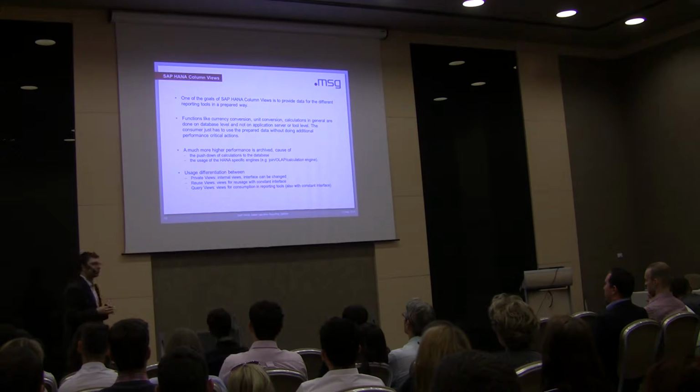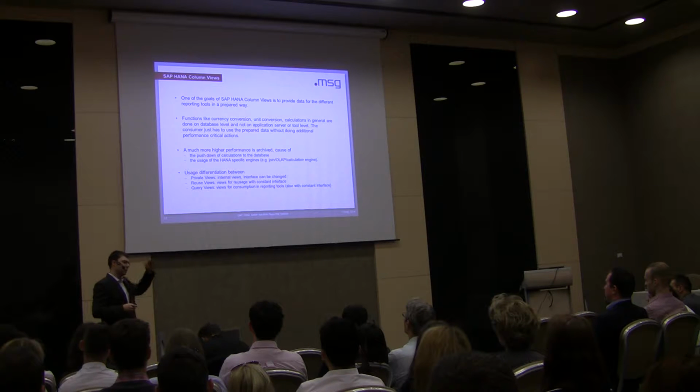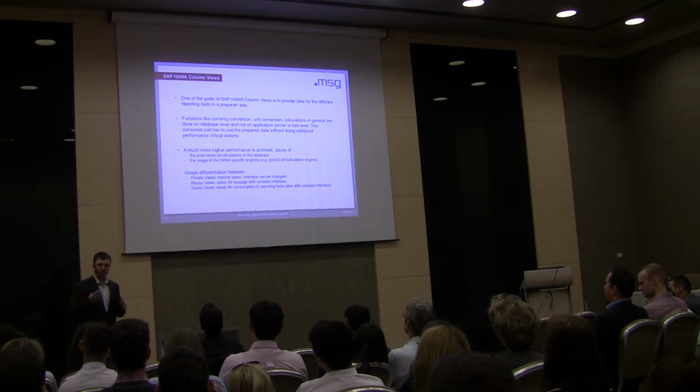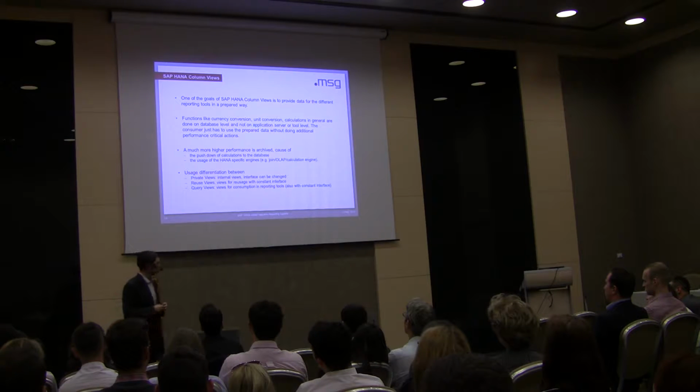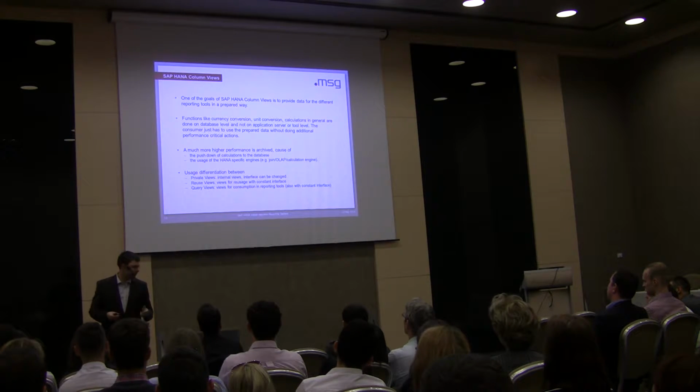Because if you want to do that on application and tool server level, then you have to transfer the whole data from the database to the application server level. Think about the 1 million data records. My insured objects with sum, what is insured.